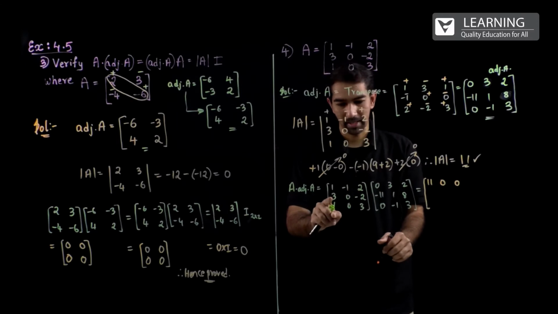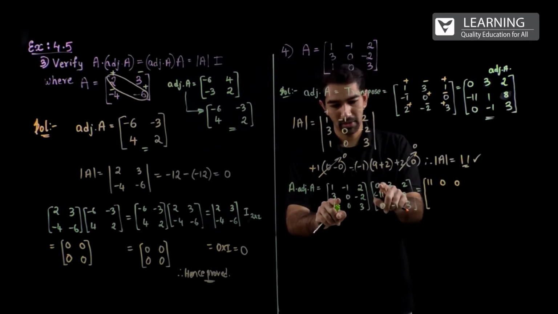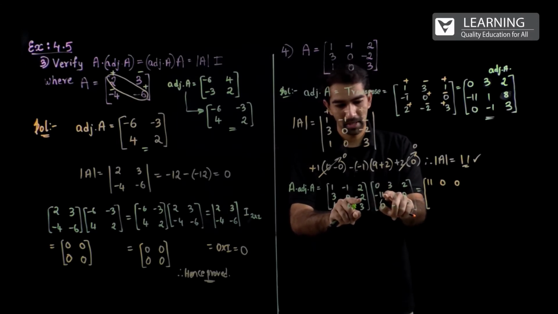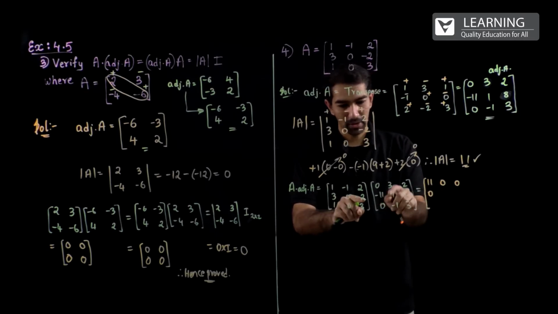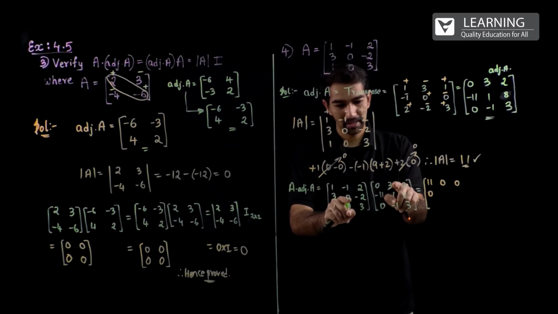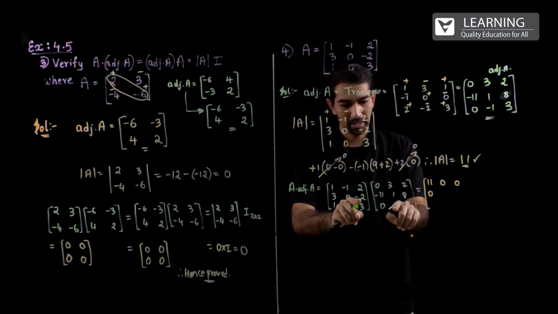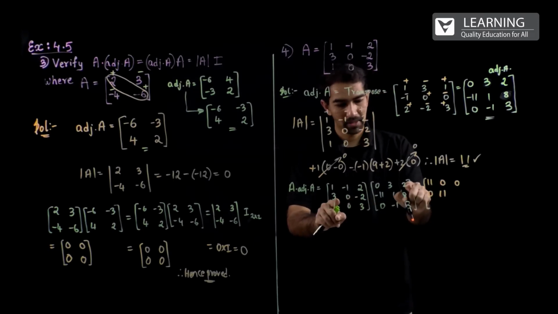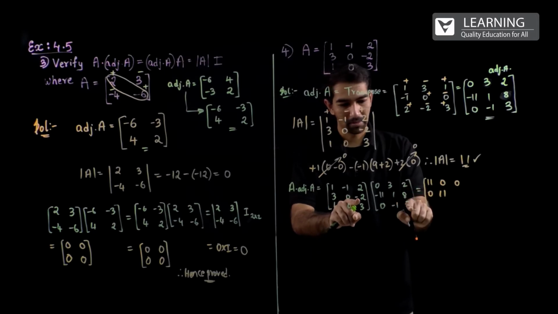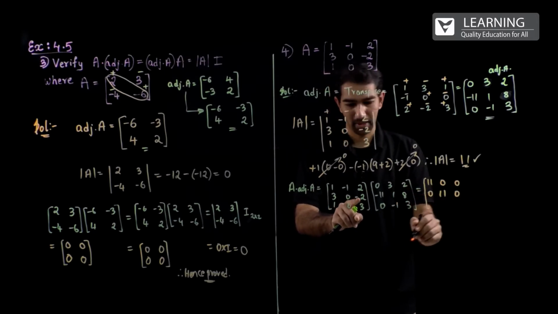Okay. Next, second row first column: 3 into 0 is 0, 0 into minus 11 is 0, minus 2 into 0 is 0 again. Second row into second column, 3 3s is 9, this is 0 again, minus 2 into minus 1 is plus 2, so 9 plus 2 is 11. Second row third column: 6, 0, minus 6, so it is 0 again.